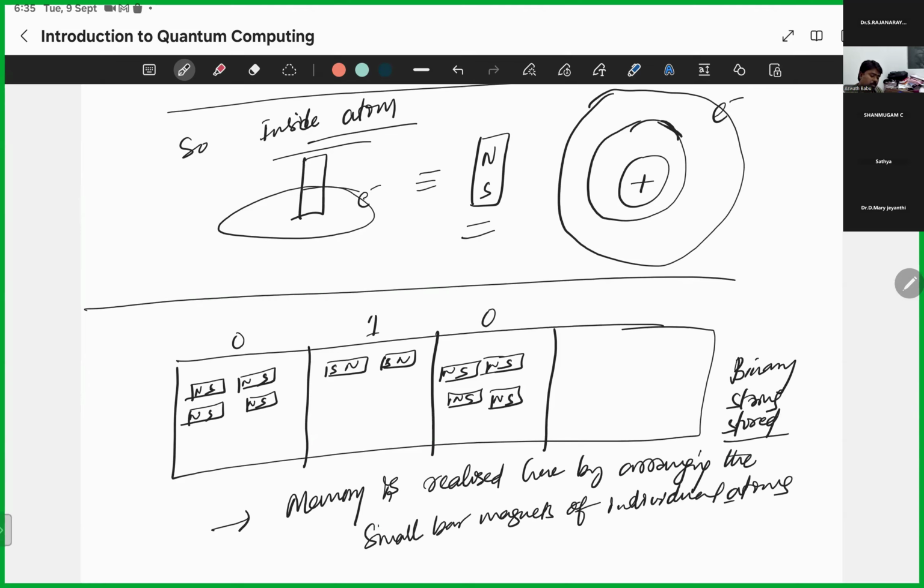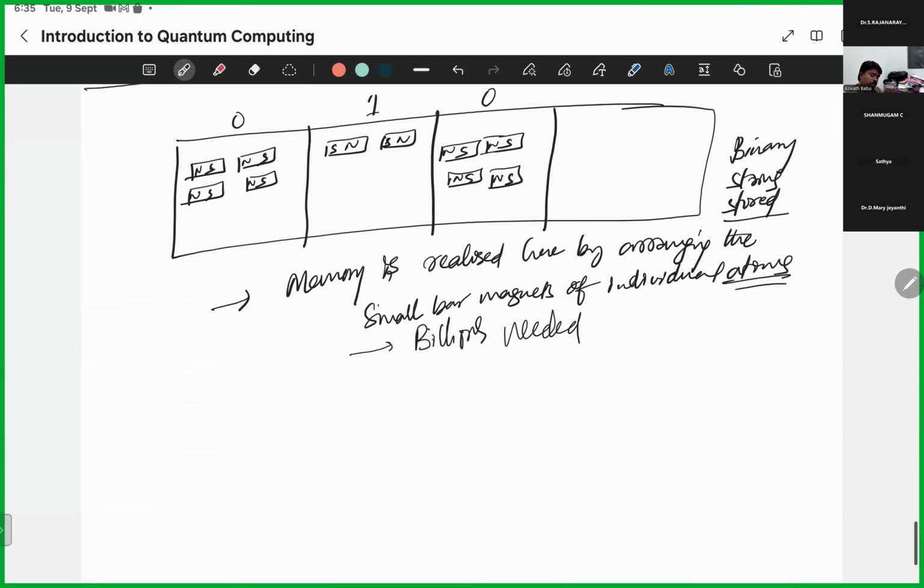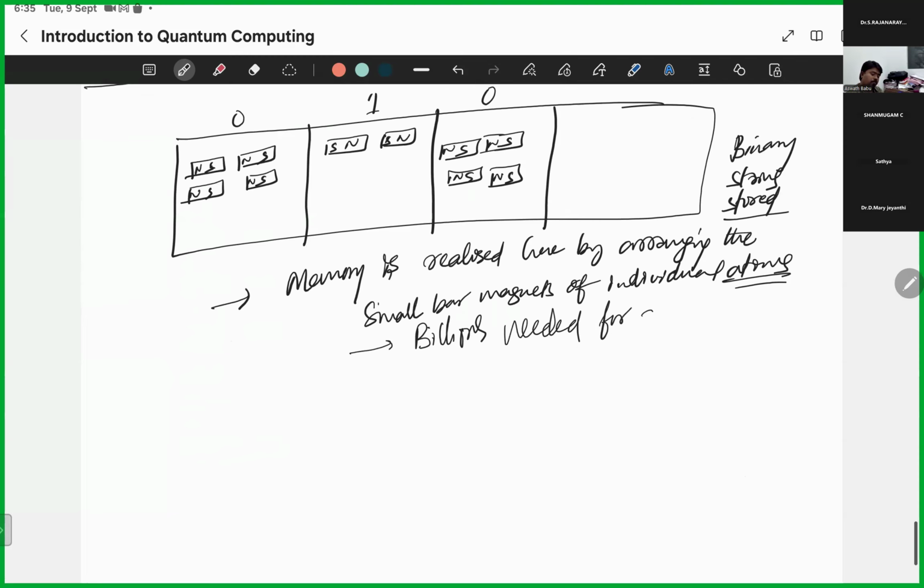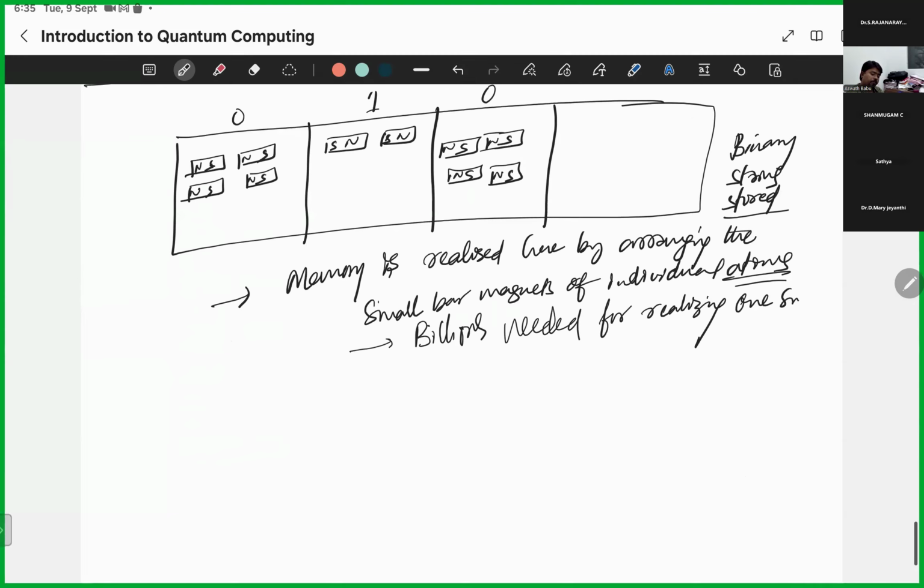Okay, individual atoms. So this is how classical memory is realized. That's very good. If you see how many atoms, billions of atoms are needed for realizing one single bit. That is the take home here.